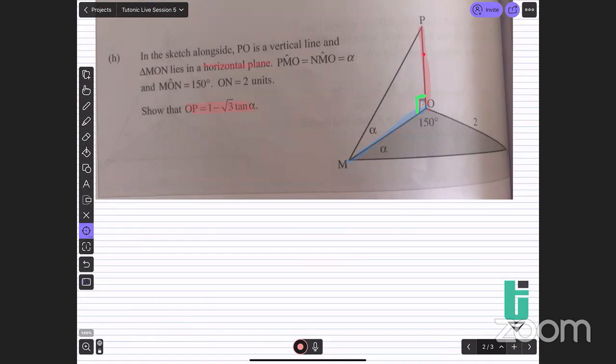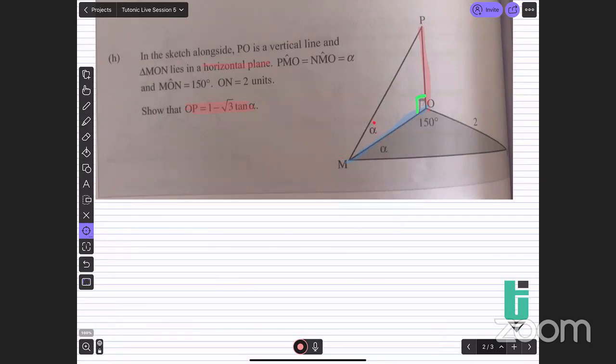So which triangle is OP in? OPM. And what do you know about that triangle? You can write OP in terms of tan alpha. It's a 90-degree triangle, guys. So because it's 90-degree, you can use trig ratios.